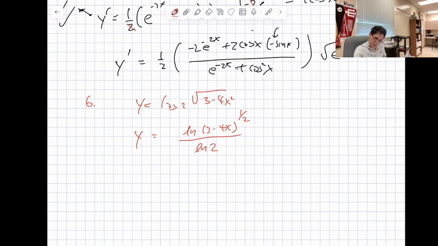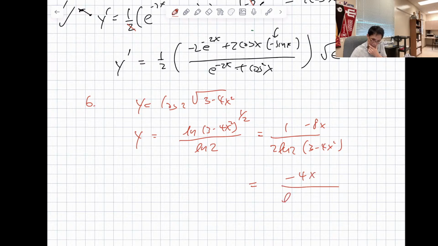Okay, so this is the x squared, and that's equal to 1 over 2 ln 2 times 3 minus 4x squared, times negative 8x. So that simplifies to negative 4x over ln 2 times 3 minus 4x squared. But this part would be fine. Did she have that? She's missing a 2.